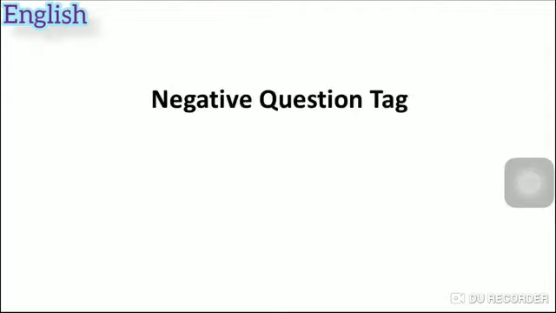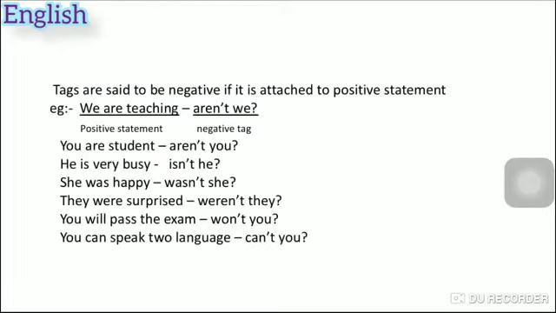Next we'll see the negative question tag. As I said, while classifying, the definitions are the same, only vice versa. What is the definition for the negative question tag? Negative question tags are attached to a positive statement. If there is a positive statement, your tag will be negative. Here is one example for you.